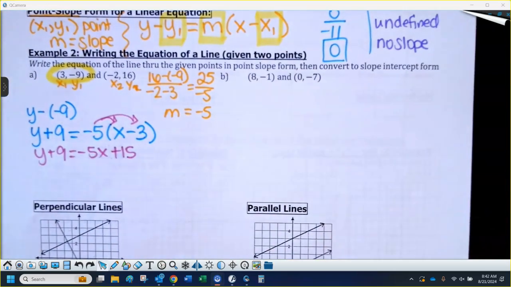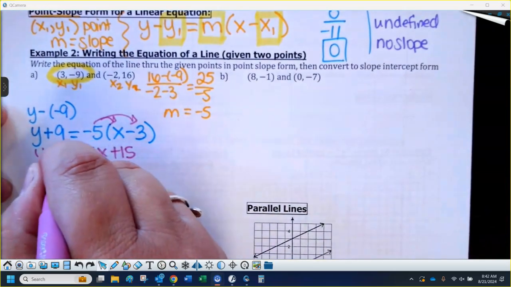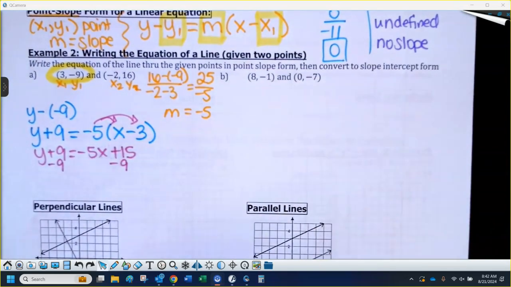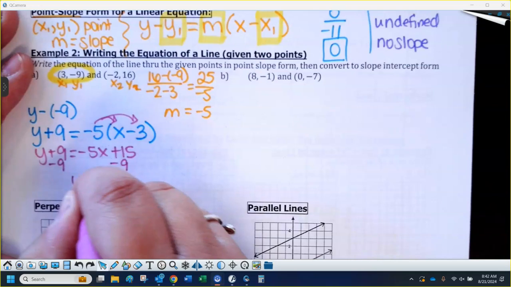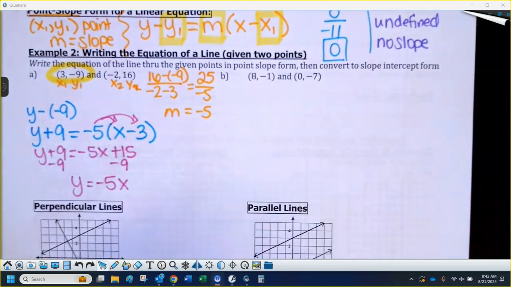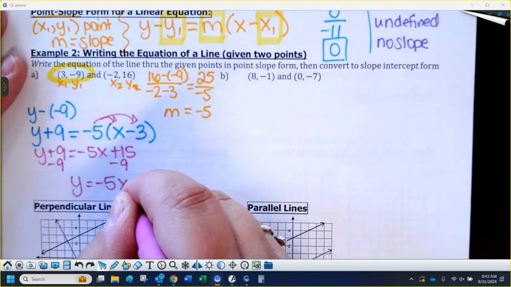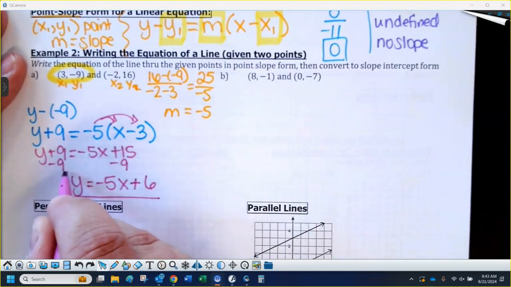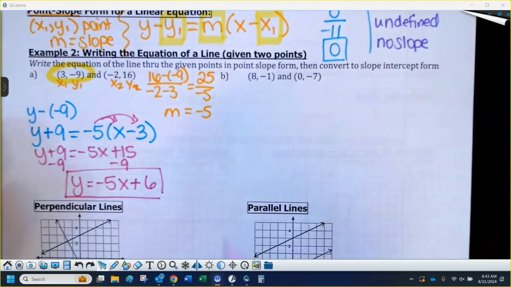And then you just do one more tiny step. You move whatever y-coordinate you plugged in to the other side. It was plus 9, so I'm going to subtract 9. So my equation is negative 5x, and then I just subtract 9 from 15, which gives me plus 6. And that is a linear equation through those 2 points.